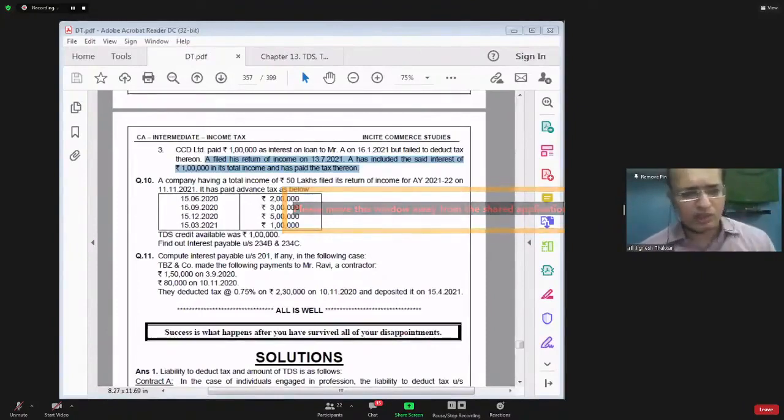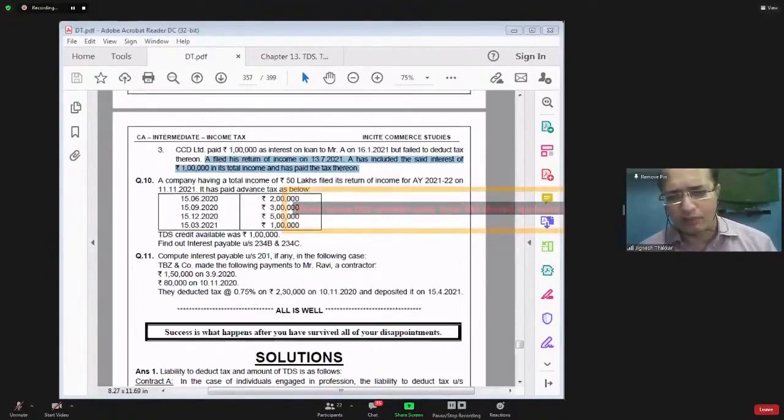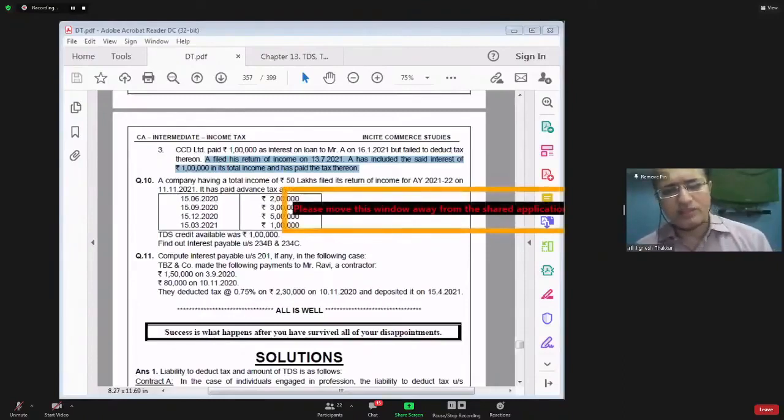So here who is payer? CCD Limited is payer. So payer is neither a bank nor cooperative bank nor post office. Payer is any other person. And who is payee? Mr. A. Now whether Mr. A is senior citizen or non-senior citizen is not given in the question. But what amount is paid is 1 lakh. That 1 lakh is more than 50,000 also, 5,000 also. So anyway, TDS is required to be deducted.